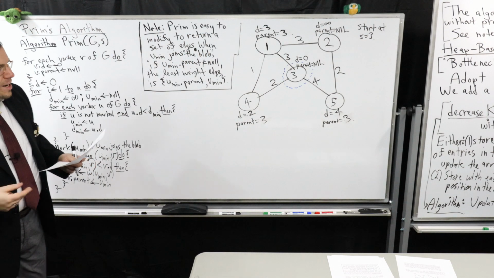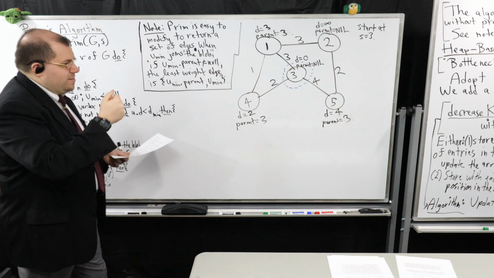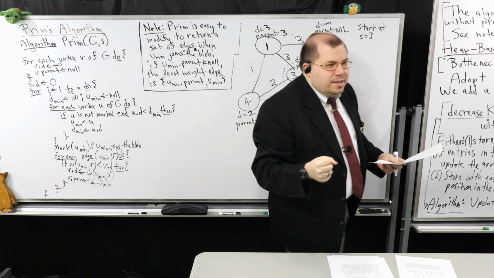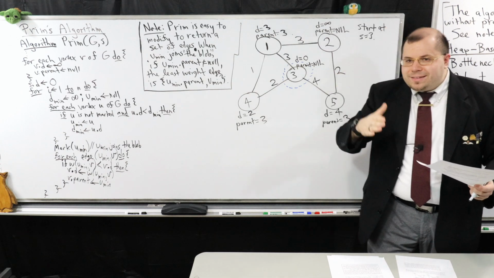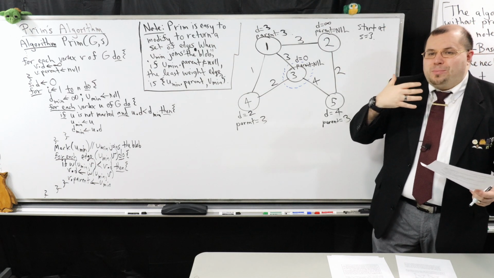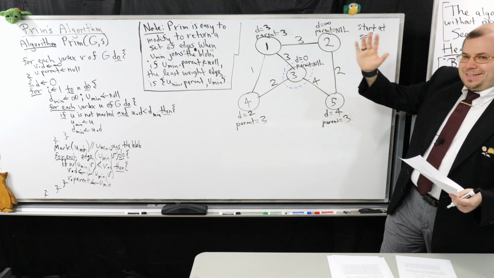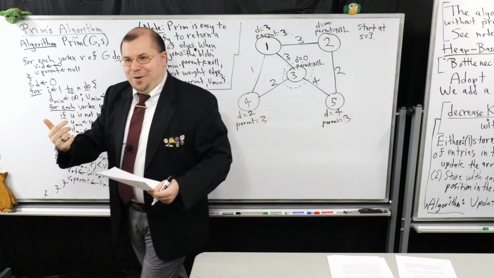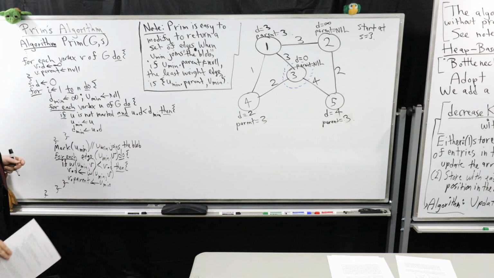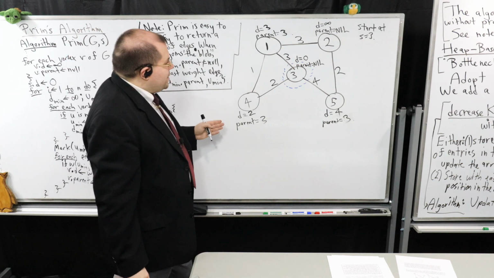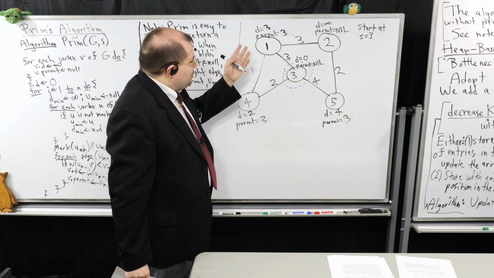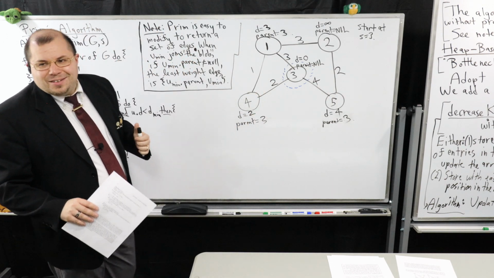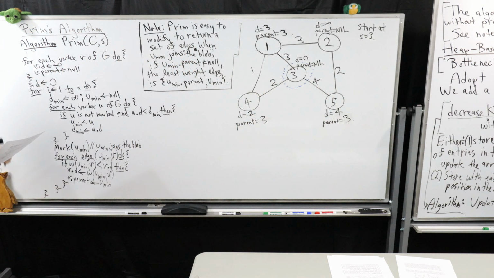So now I've performed one iteration of this larger for loop. Remember, the easiest way to remember this is the blob always selects the least weight edge that goes from one side of the cut, i.e. the blob, to outside the cut. All the other vertices that the blob has yet to devour. So the question is, which one would the blob go towards? Which one's the first one?